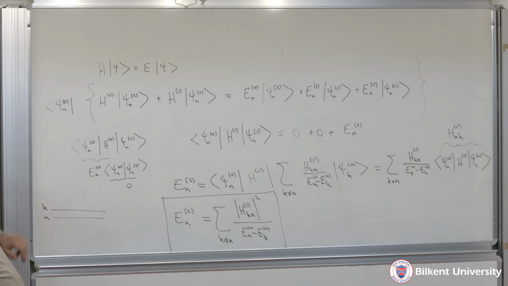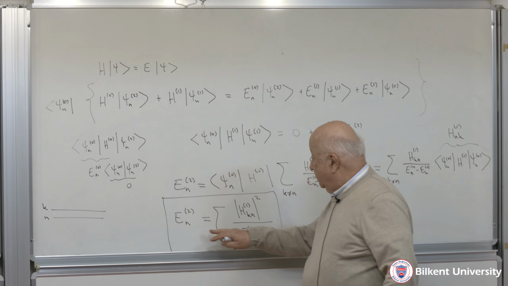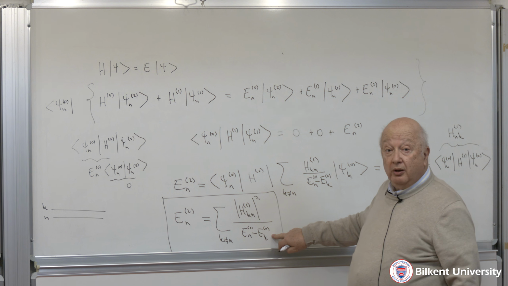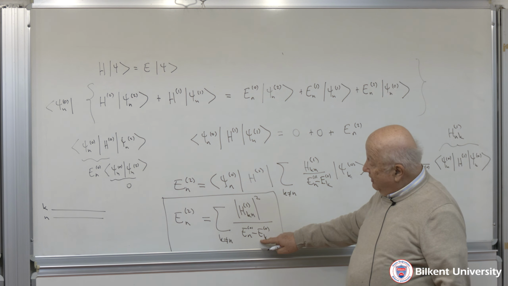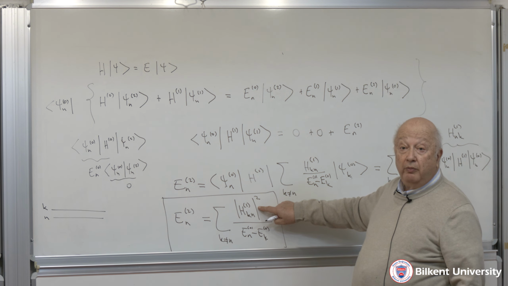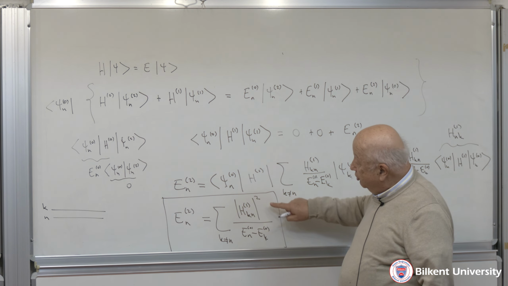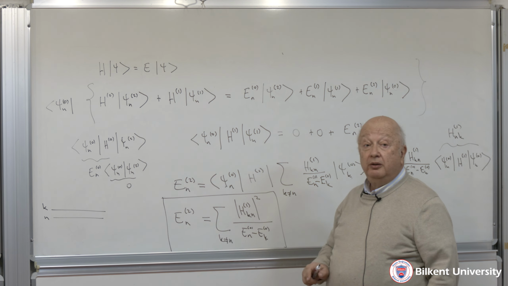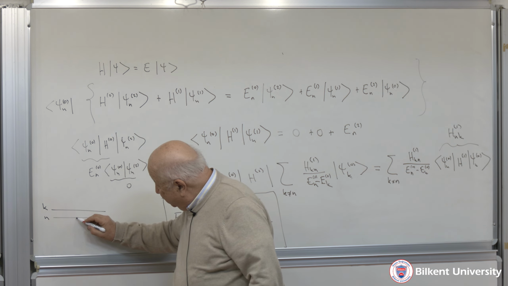Suppose Ek is larger than En. You see the contribution to this energy change from this term is going to be, En minus Ek is negative. So that term is positive in the numerator. So the contribution to this energy change is to be in a negative direction on En.